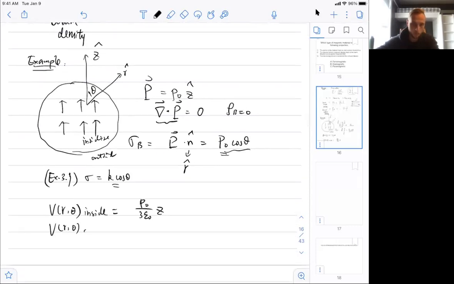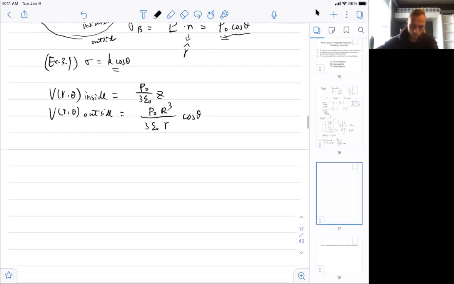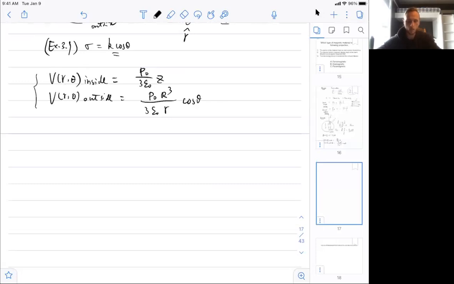V outside is P naught R cubed over 3 epsilon naught r squared times cosine theta. Okay, and then we can find the E field given the potential, right? So for inside, again, let's do the inside first.